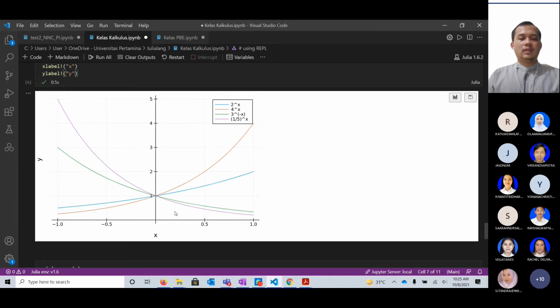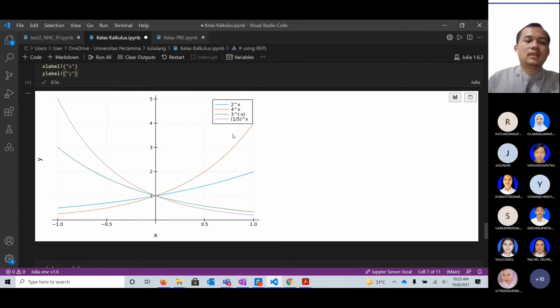Can you see the difference? Can you tell me what is the difference between all the plots, all the functions? Which one is increasing from the bottom left side to upper right side?